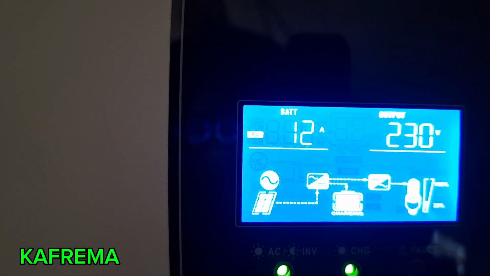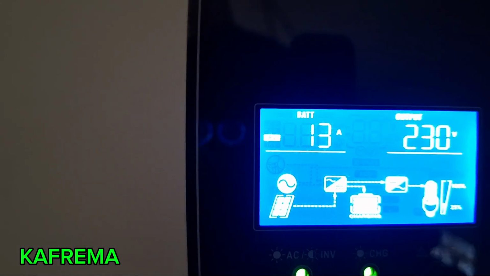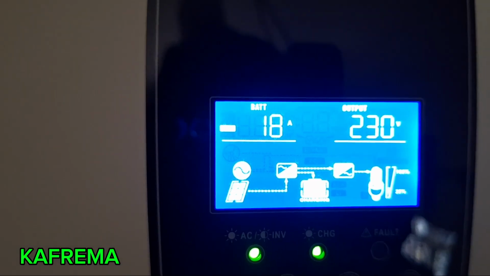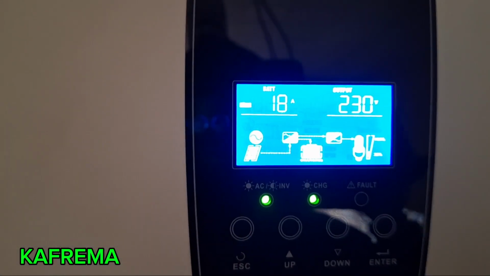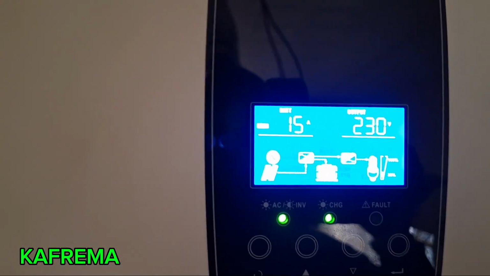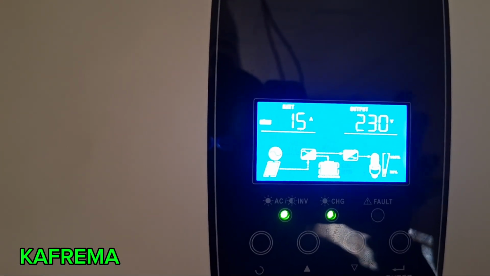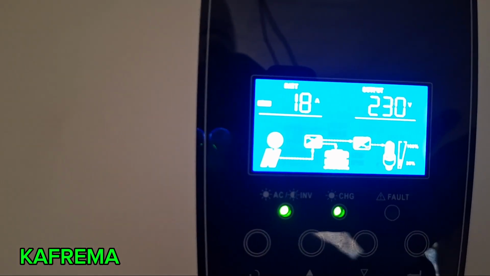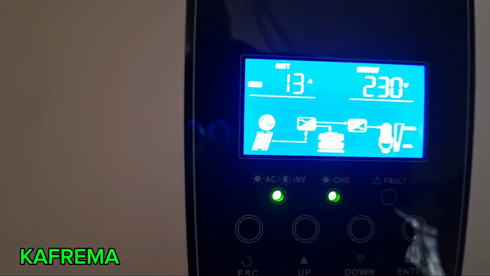Right now the sun is not very hot, so it is charging with 13 amperes, and it increases as the sun gets higher. If there is cloud cover, the amperes are low; if the sun is high or there is no cloud cover, the amperage increases.